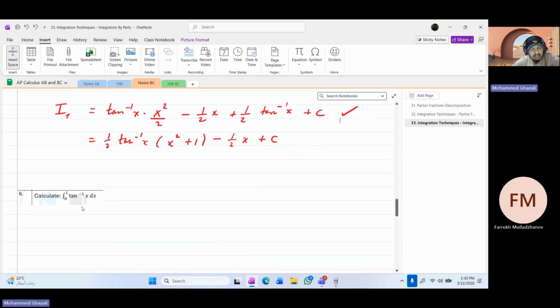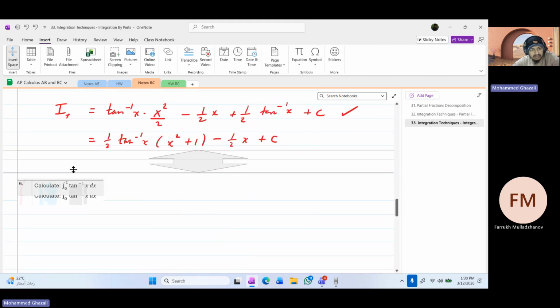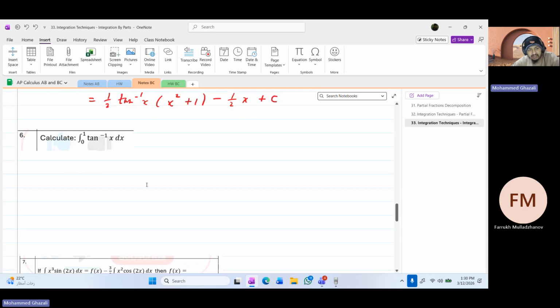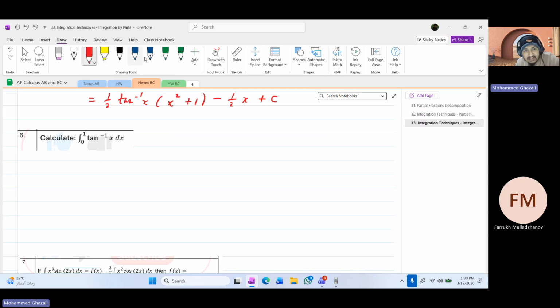Now we have a similar thing here, but we want to find the integral of tan inverse x from 0 to 1. It's nice to know that we're actually finding the area under the graph.